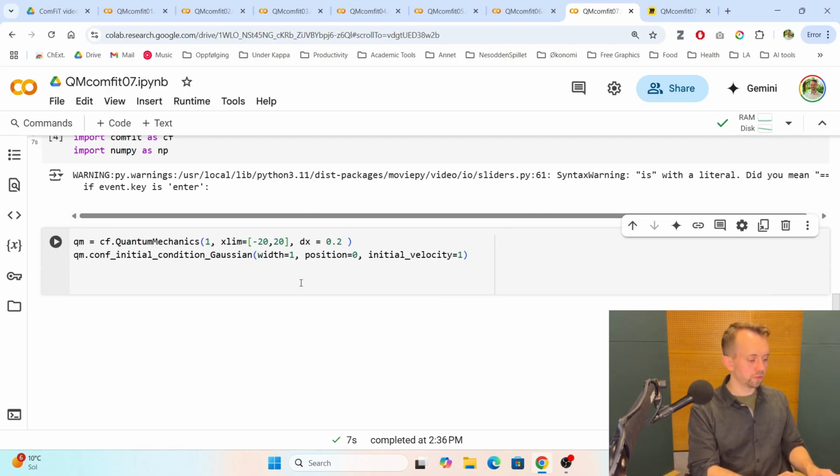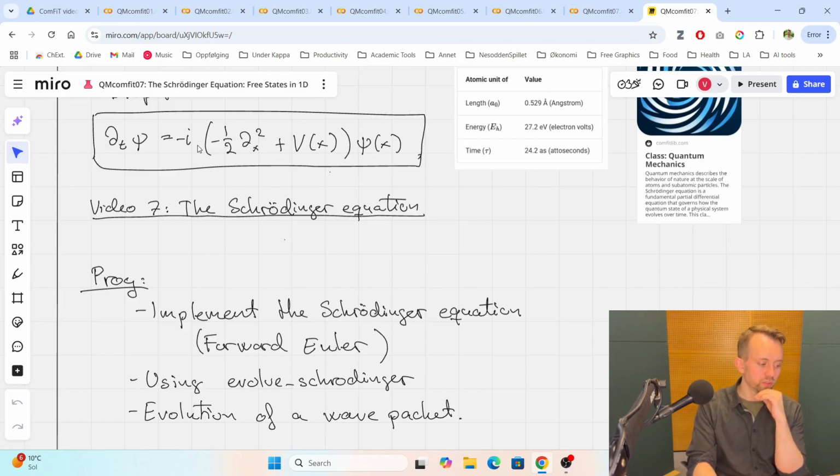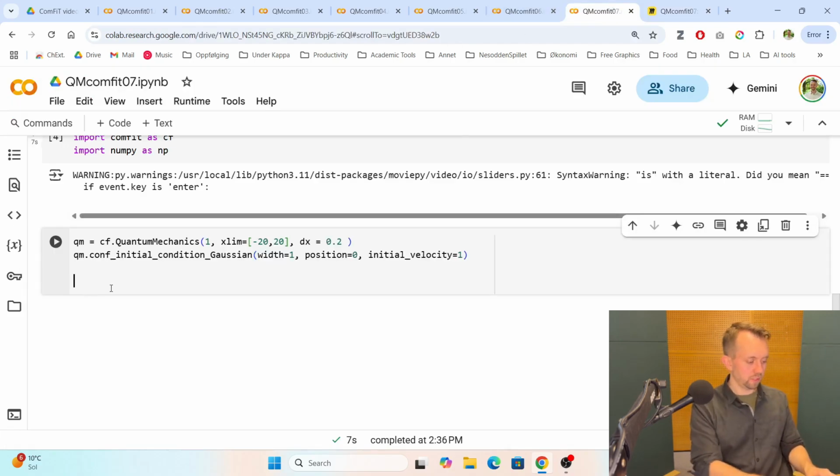And so now we're going to implement the Schrödinger equation numerically. What we need to do is calculate this right-hand side, and then increment the psi function with a time step according to the right-hand side of this. So let's start by implementing the right-hand side of this equation.